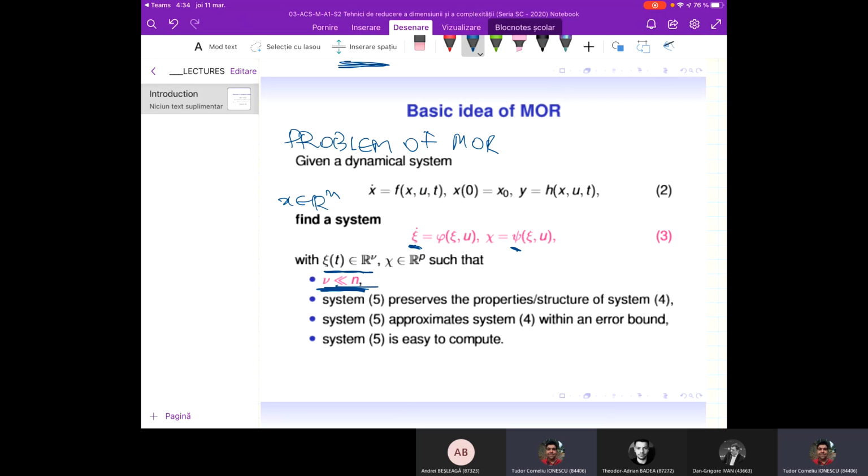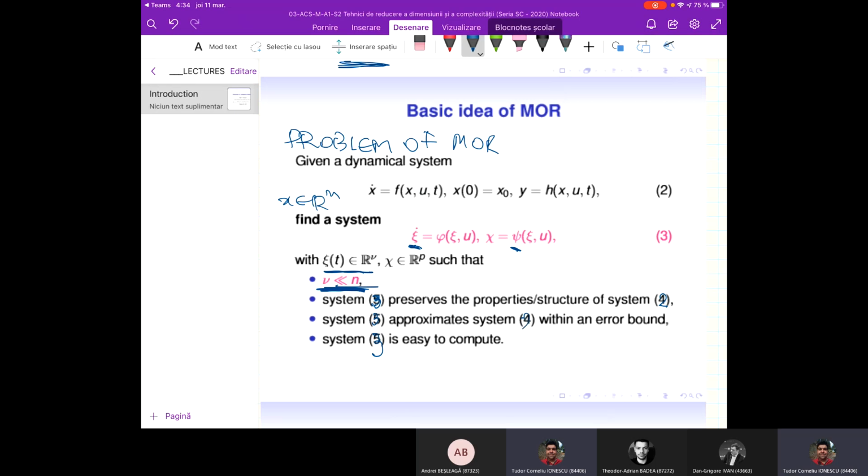And of course, the system, this is not 5, this is 3. System 3 preserves the properties or the structure of system 2.